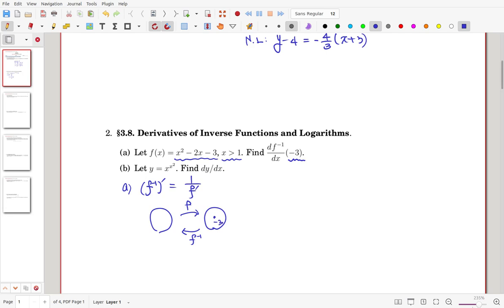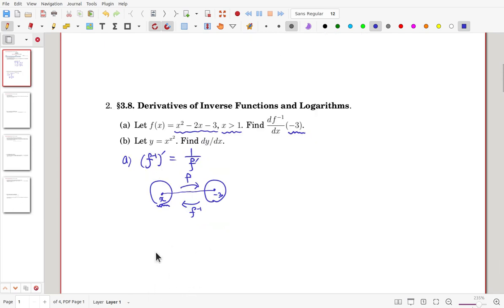So you have to find the corresponding point on the other side. Let's say this is x, such that you have to measure f prime at that point and take the reciprocal. So we have to find this point. What is this point? That means that f of x equals -3.